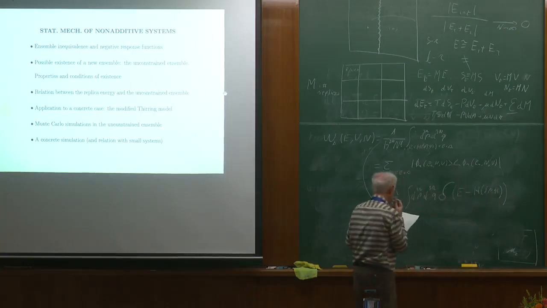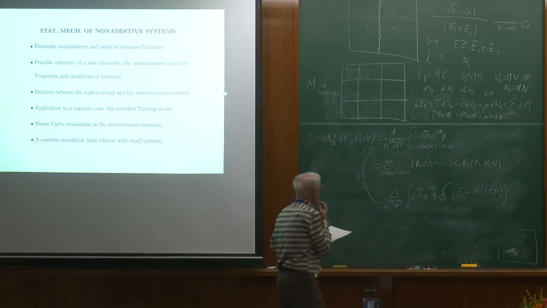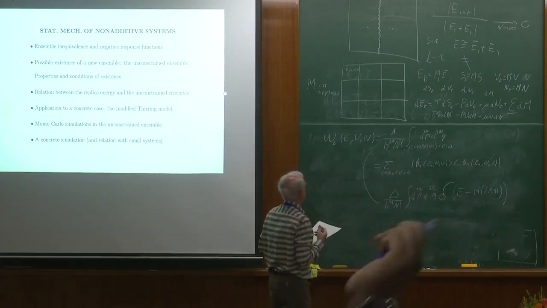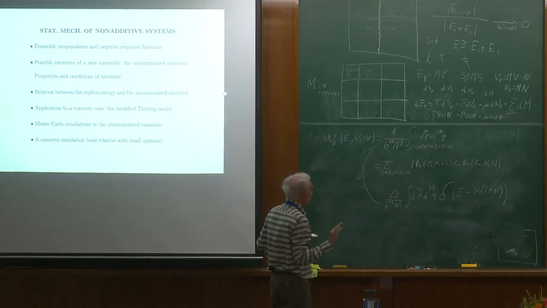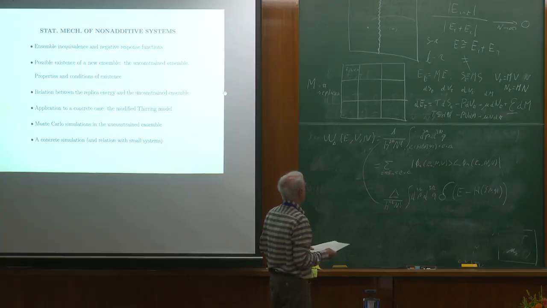This is the usual definition, valid for a short-range or long-range system. This is the definition of the partition function in the microcanonical ensemble, in which the system is isolated. It has an energy E, volume V, and number of particles N.